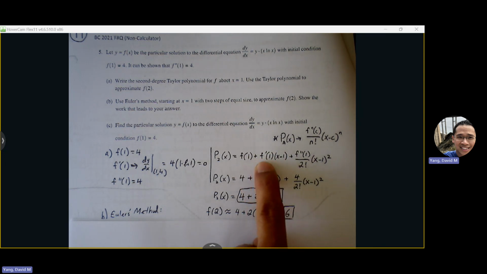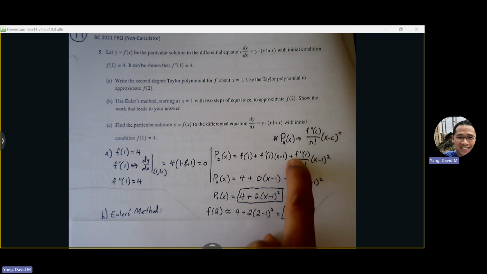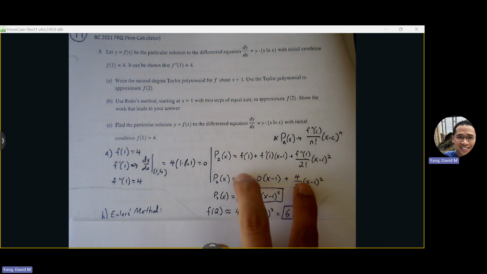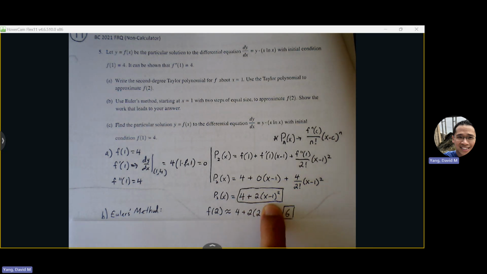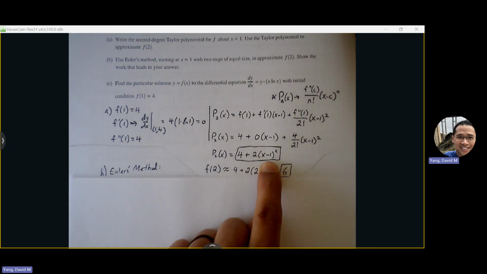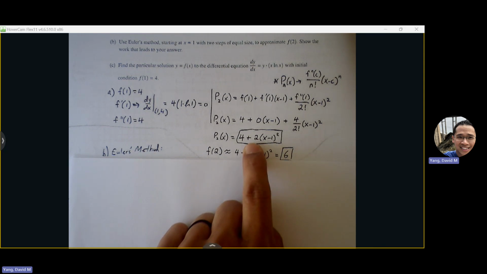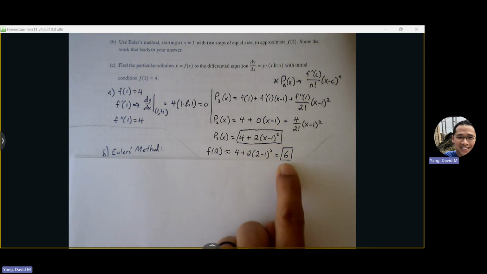So f of 1 plus f prime of 1 times (x minus 1), plus f double prime of 1 over 2 factorial times (x minus 1) squared. Go ahead and make your substitutions with the values that you know. Clean up your degree 2 Taylor polynomial, and then use that Taylor polynomial to make your approximation. f of 2 is approximately 6.